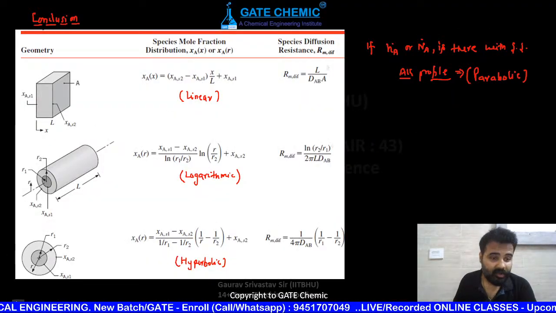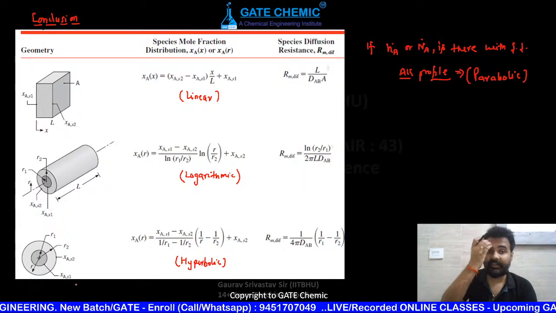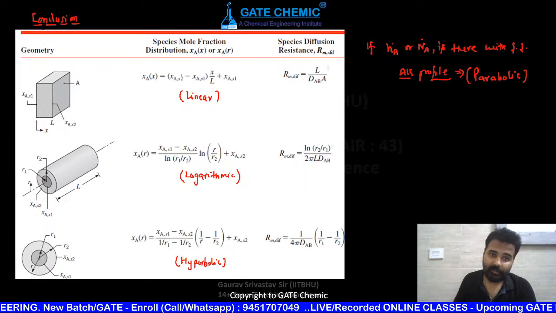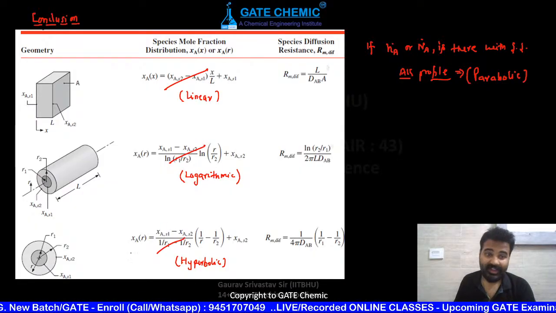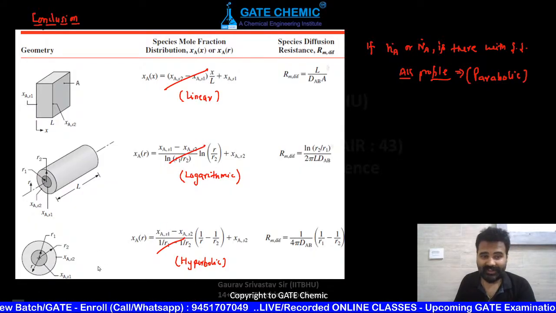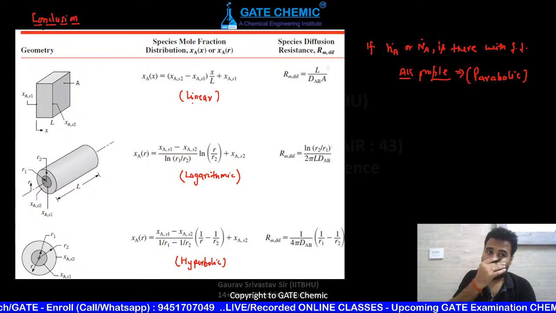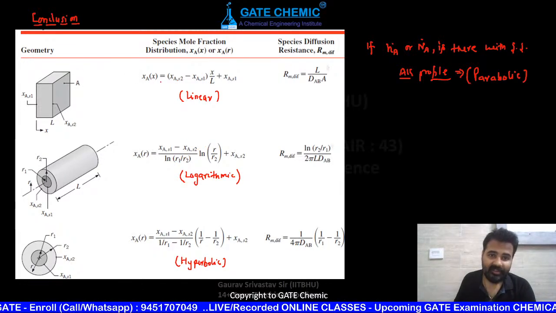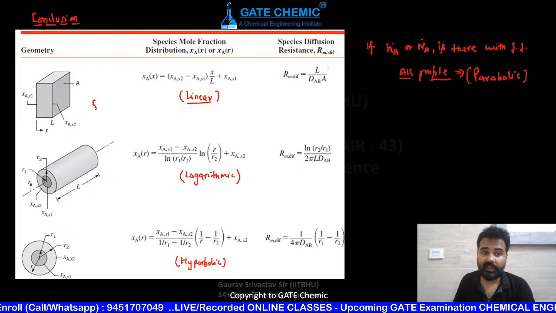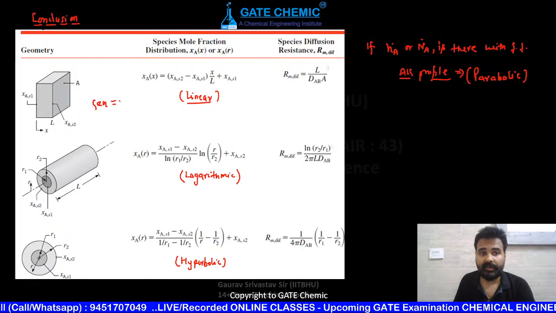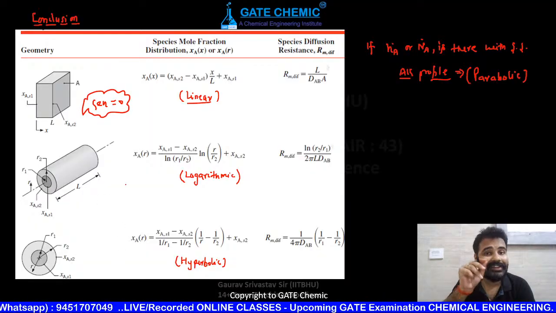See, I had taken all 3 coordinates here, my dear students, and written the respective XA formula. No need to remember this or this. The thing you need to remember, which can be asked in exams and interviews: in all these three cases, generation is zero.